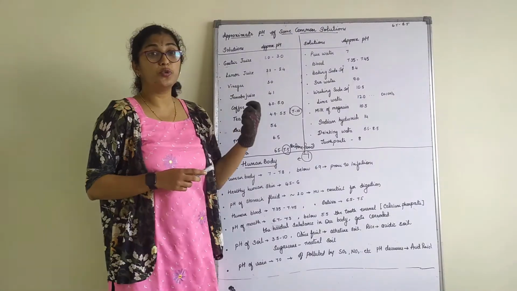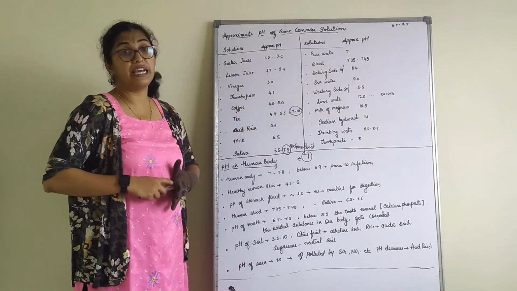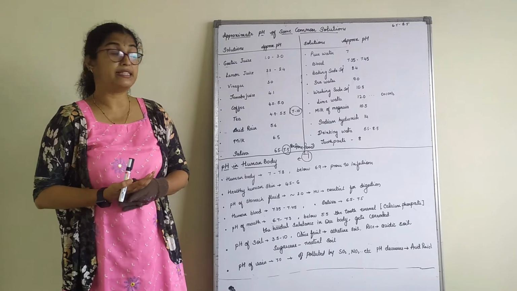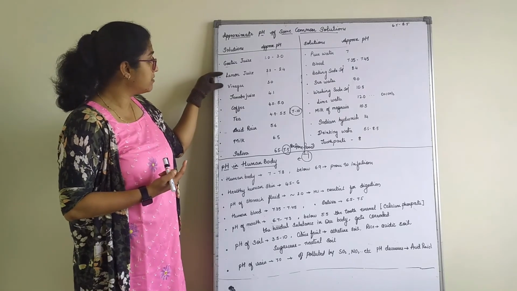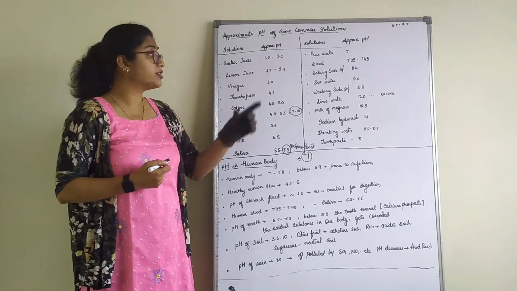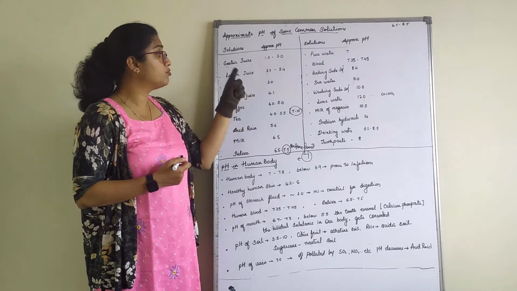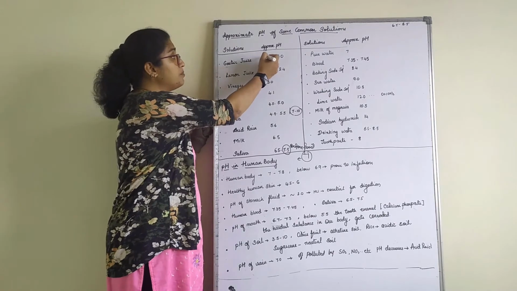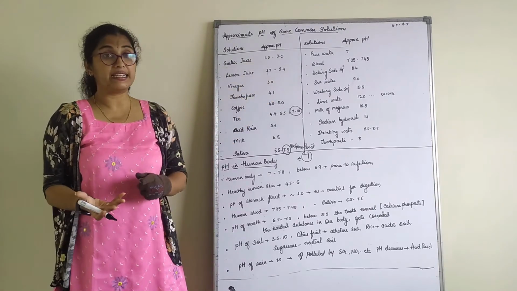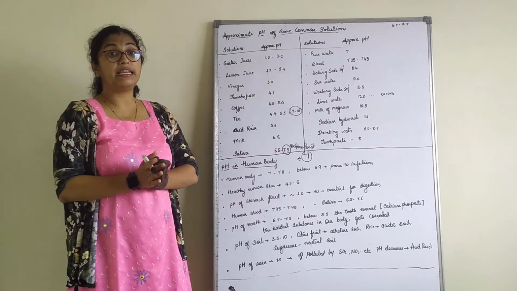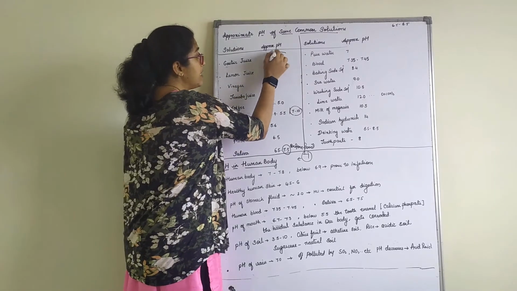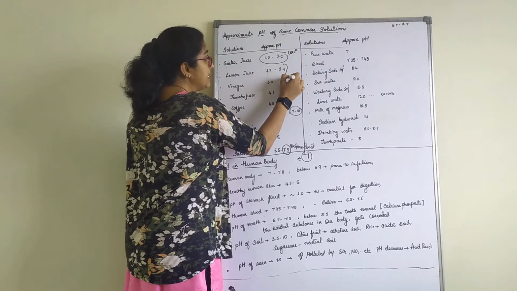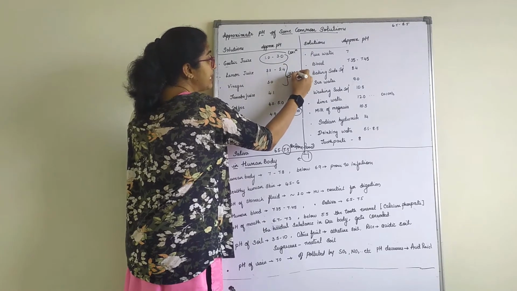So the pH of gastric juice, the acid our stomach produces, is highly corrosive. Now if you see here, lemon juice and vinegar also fall around 2.2 to 2.4 and 3. That means anything which has a pH between 1 to 3 is highly acidic. True, they are highly acidic, but gastric acid comes under concentrated acid and these two come under weak acid.